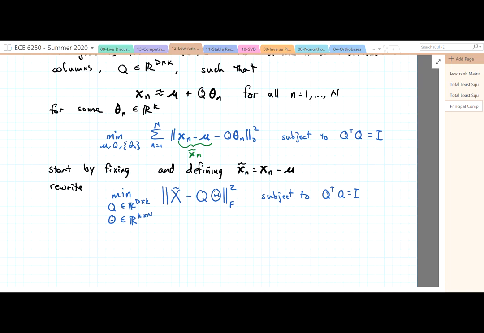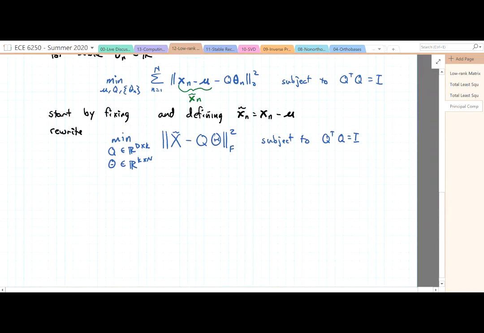So this is kind of nice because this is related to what we've discussed with our total least squares approximation from our earlier lectures.